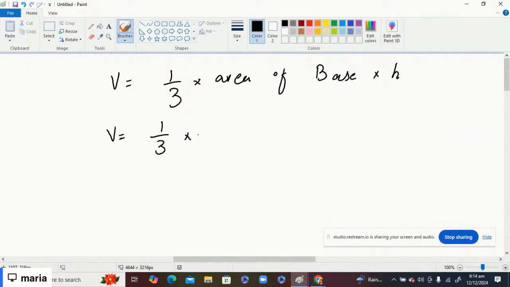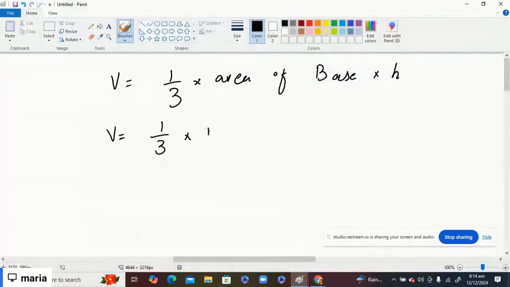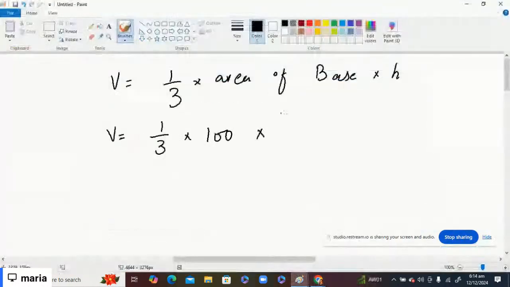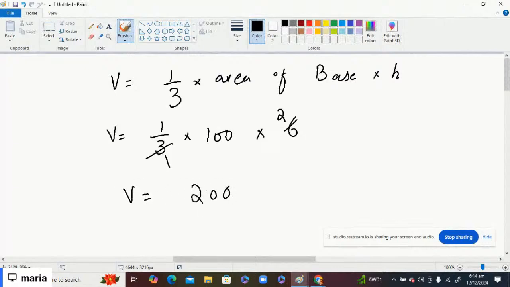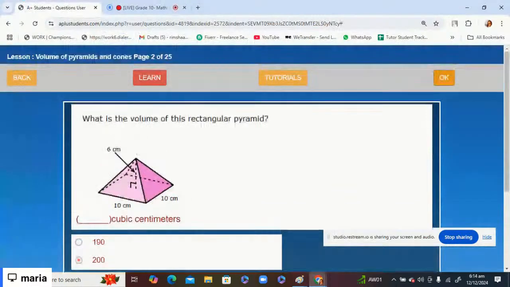What is the area of the base here? This is 10 and 10. 10 times 10 is 100. Times how much the height? The 6. Okay. 3 times 1 is 3. 3 times 2 is 6. That is 200. It's given in here, and then just see the answer.